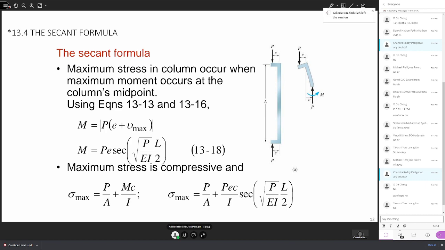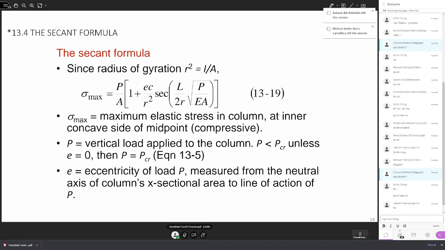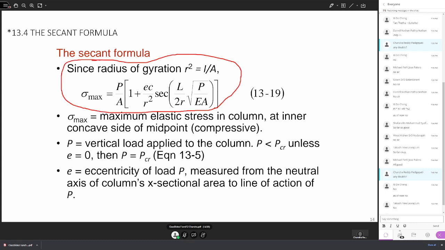This is the secant formula, the most important formula under buckling of columns, where you calculate the maximum elastic stress developed in the column due to a load P applied at an eccentricity E. When E is equal to 0, then you have the critical load, so you can use the critical load formula and there is no need to use the secant formula.